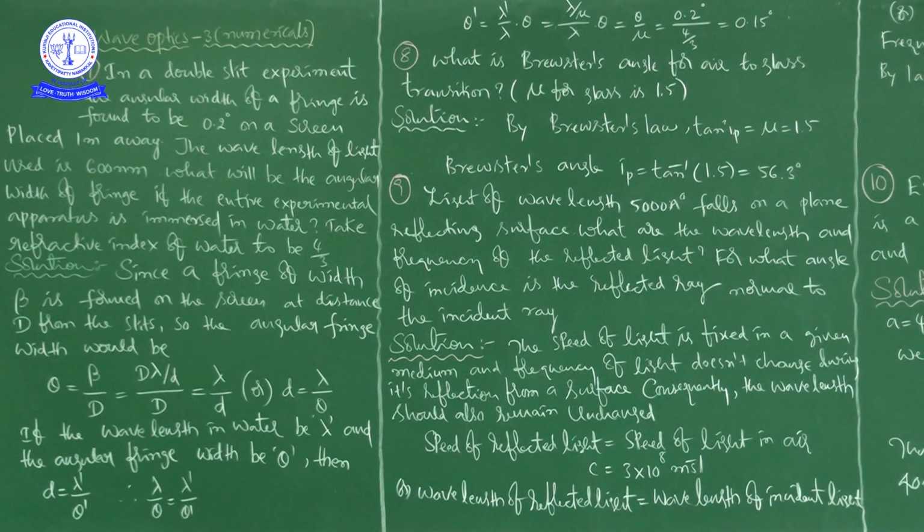The wavelength of light used is 600 nanometers. Next, what will be the angular width of a fringe if the entire experimental apparatus is immersed in water?